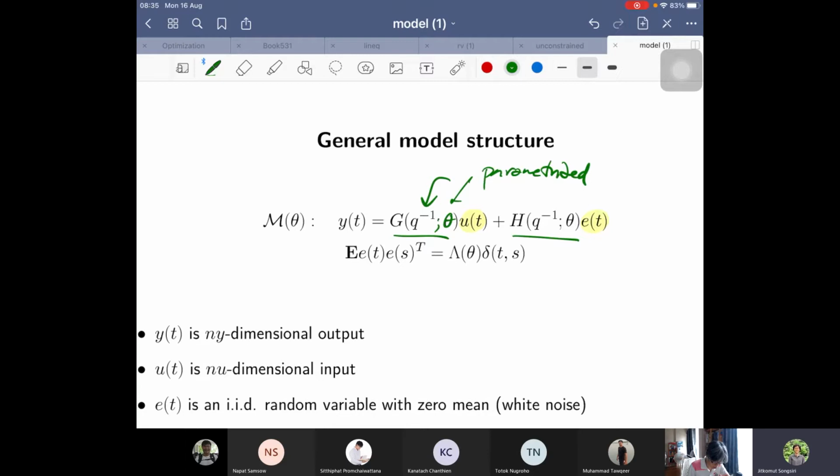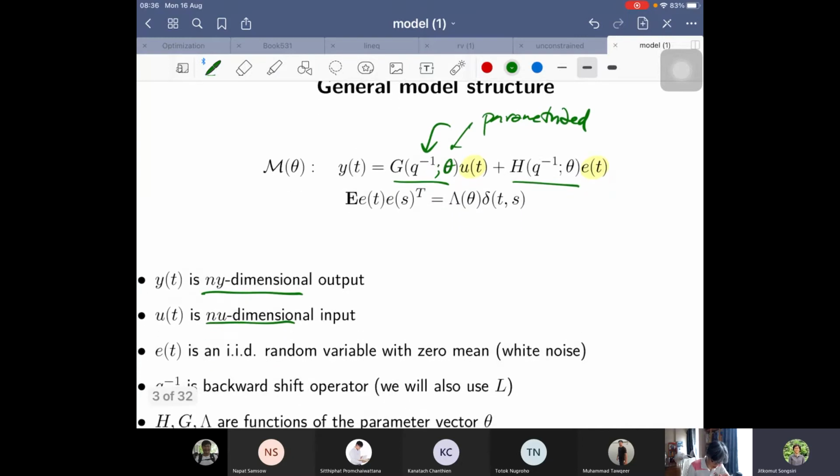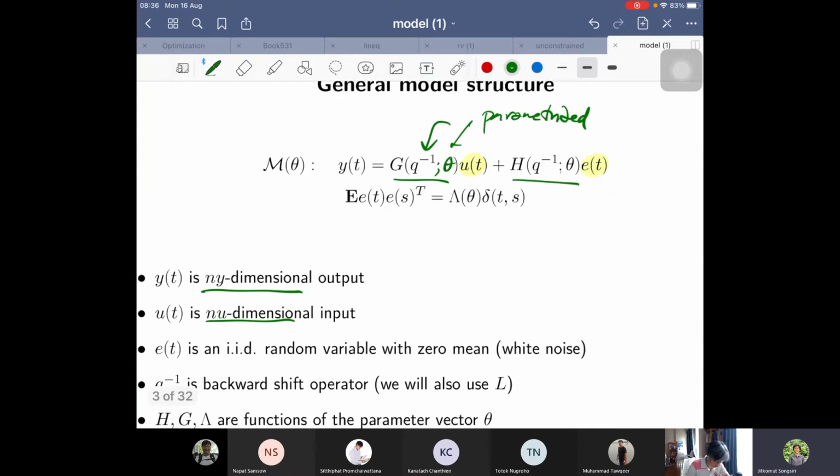In this general model structure, we represent it as MIMO. So Y can be a vector, U can be a vector, E is a random variable. We assume for simplicity that it is IID: independent, identically distributed.